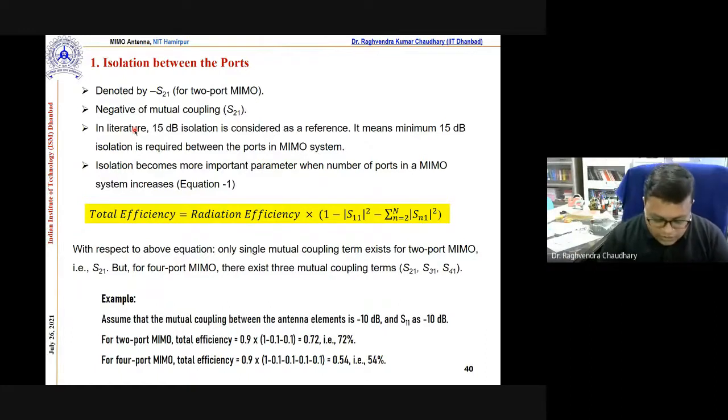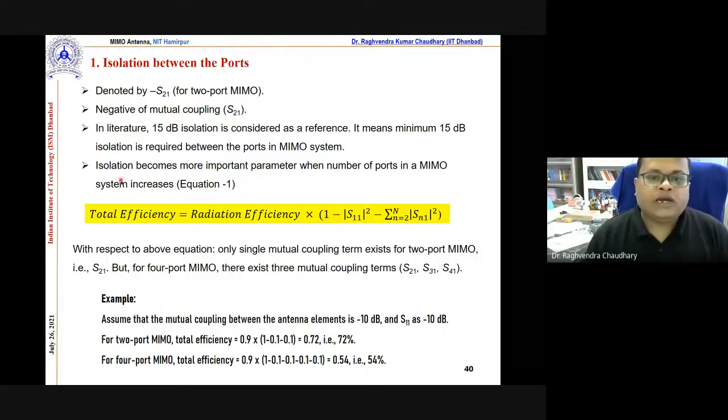In this way, you can say what the crosstalk is, or S23, S34. And in literature, you will see that 15 dB is considered ideal.